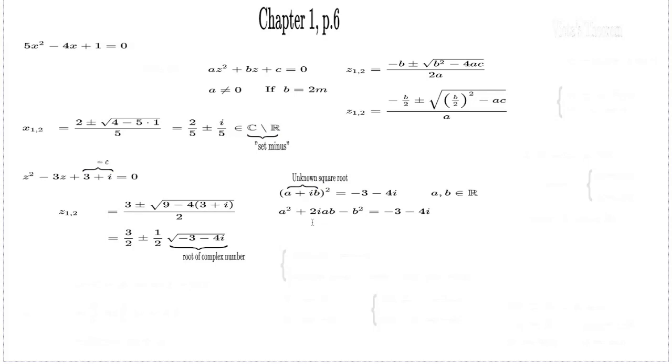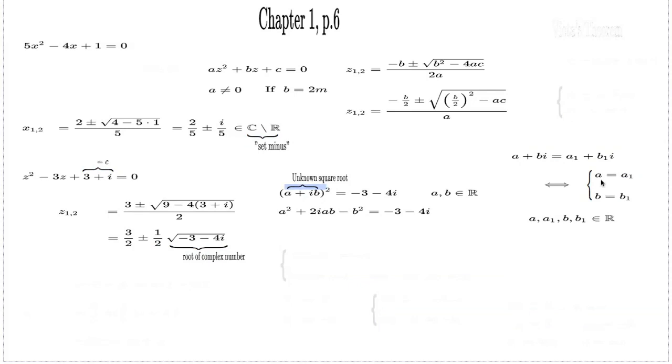This was part of one of the problems earlier in chapter 1, and I summarize it here for you. If you have two complex numbers, a plus bi and a1 plus b1i, and we are given that a1, b1 are real numbers, then this identity is equivalent to these two independent identities.